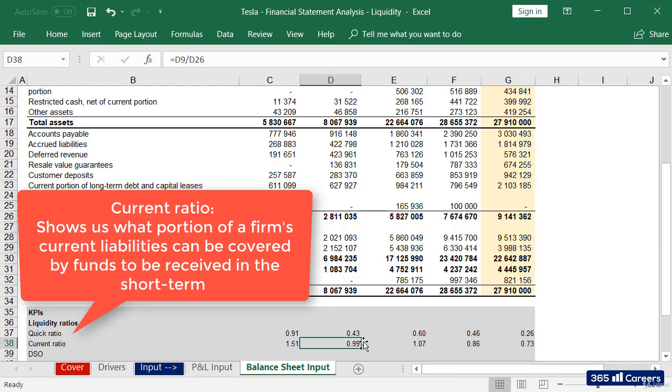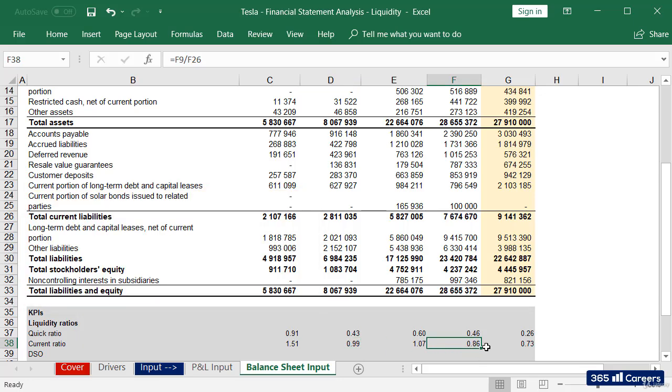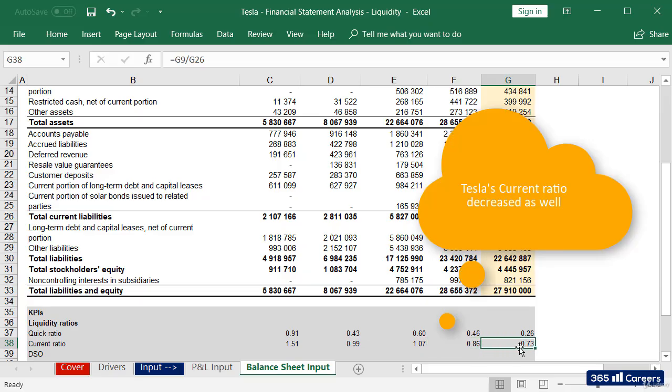Problems at this level are very alarming. A current ratio below 1 is quite problematic in most industries. Tesla's current ratio gradually dropped to 0.73 in the second half of 2018.